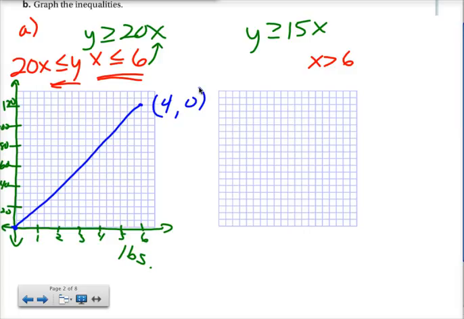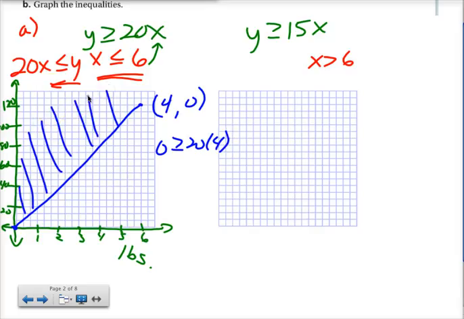If I put 0 in there, it's going to say 0 is greater than or equal to 20 times 4. Pretty obviously, that's not what I want. So I do end up shading in this top area. It's just a quick way to double check that all the shading is going the right way. And I kind of wrote over the top of this one, didn't I?